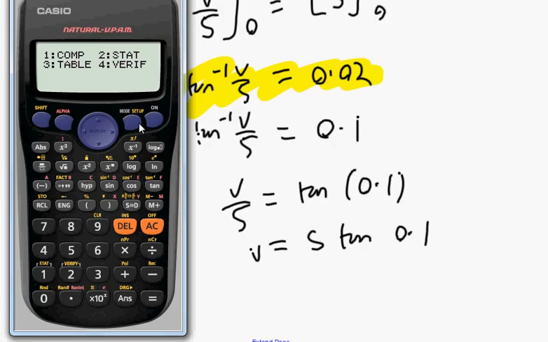Yeah, just give me a second. 0.1 radian. Shift setup, shift setup, shift setup. Radians. Sorry, one second. So it's 5 tan 0.1. The integration is always in radians.